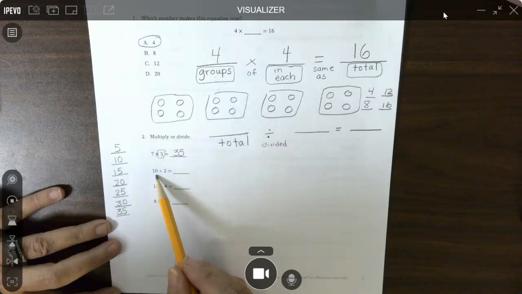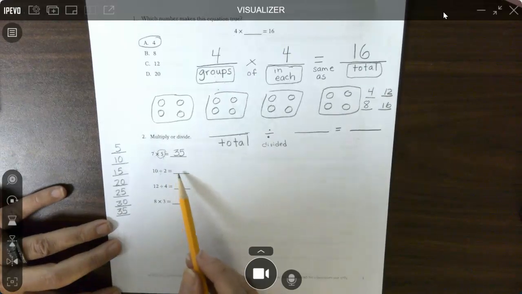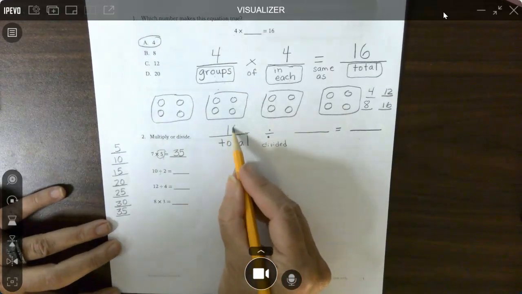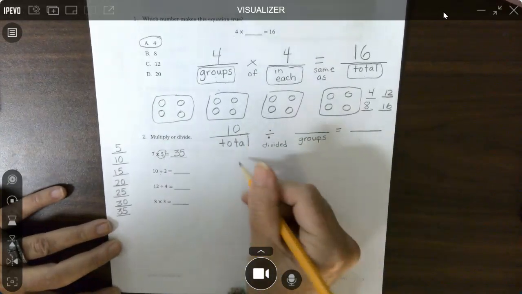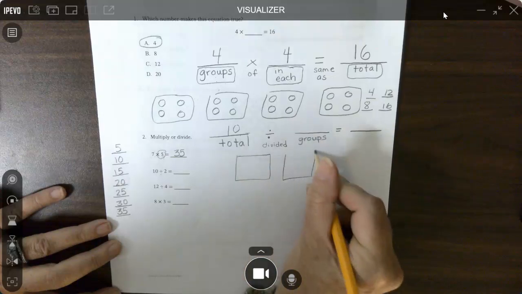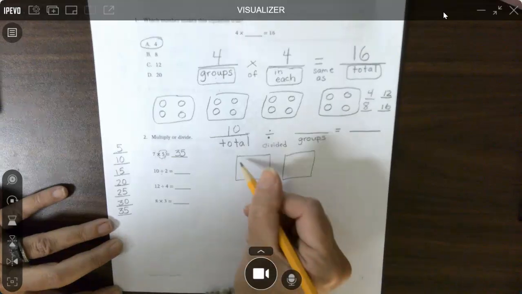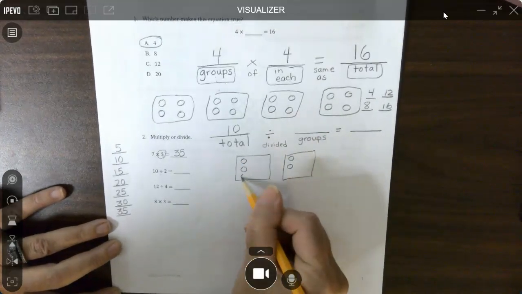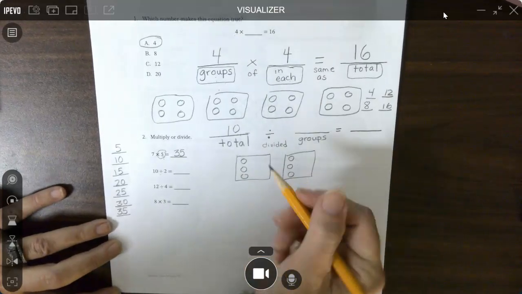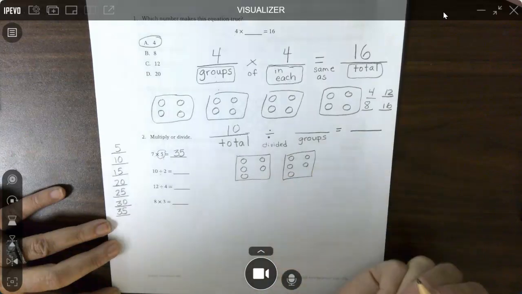Next, 10 items divided into 2 each or 2 groups. Okay? If I divide 10 total items into 2 groups, I'm going to again give 1 to each group until I have given out all my items. 1, 2, 3, 4, 5, 6, 7, 8, 9, 10.